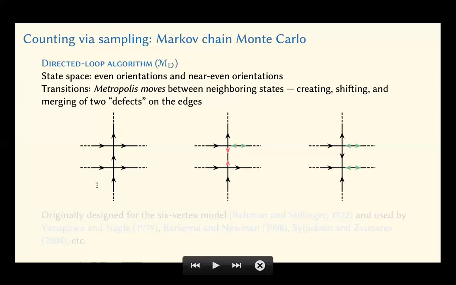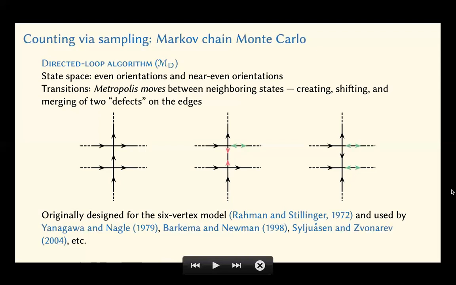From the first picture to the second picture is creating a pair of defects, and from the second to the third, it's shifting this red defect to become this green defect. This chain was originally designed for the 6-vertex model in 1972 and used by a lot of scientists in physics to study the numerical properties of the 6-vertex model and 8-vertex model.